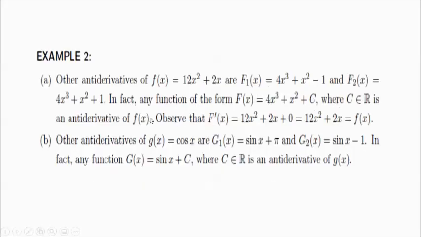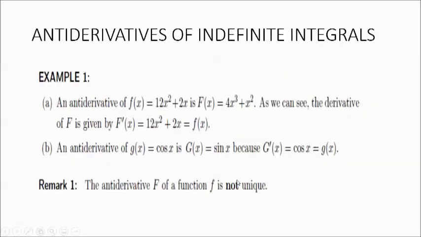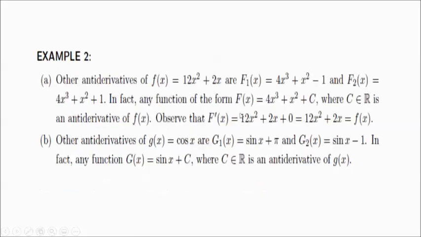So that is what not unique means, because you can add a different constant and it is still the same. Generally, when we take an indefinite integral, class, we add plus c, because when you differentiate this again, 12x squared plus 2x plus 0, it is still the same.